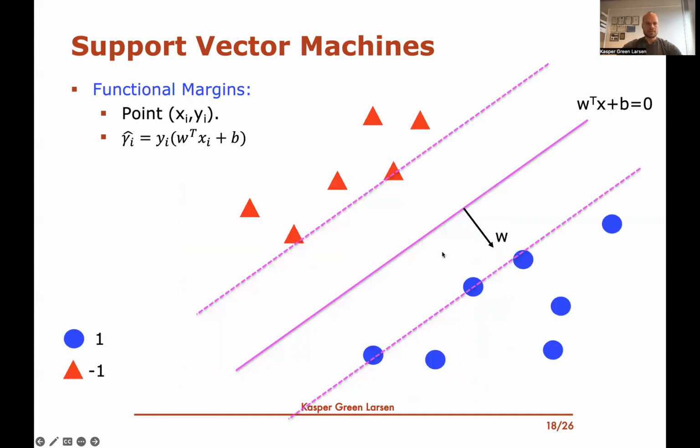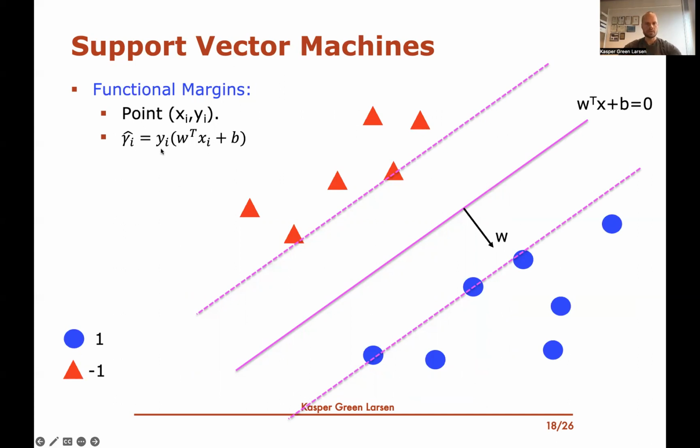So this motivates what are called functional margins. When we have a training example xi with label yi, we define the functional margin gamma i hat as the label yi times the signed distance from the hyperplane, but not really normalized. We'll get back to what that means. Basically, we just take the inner product between xi and w, add the bias, and multiply it with the label yi.